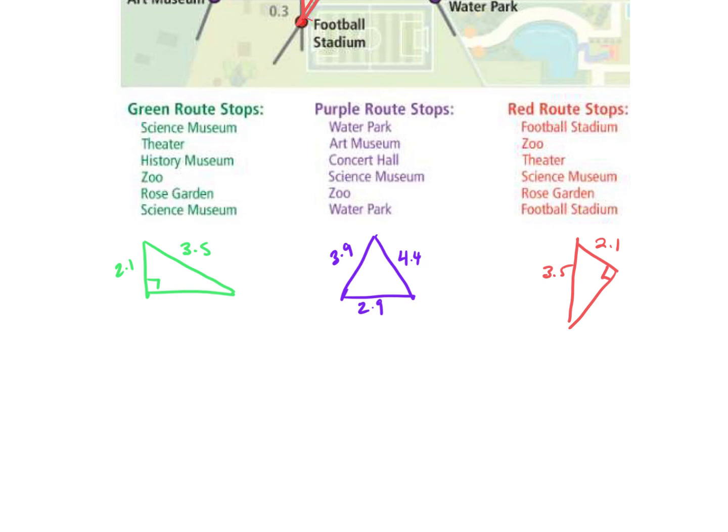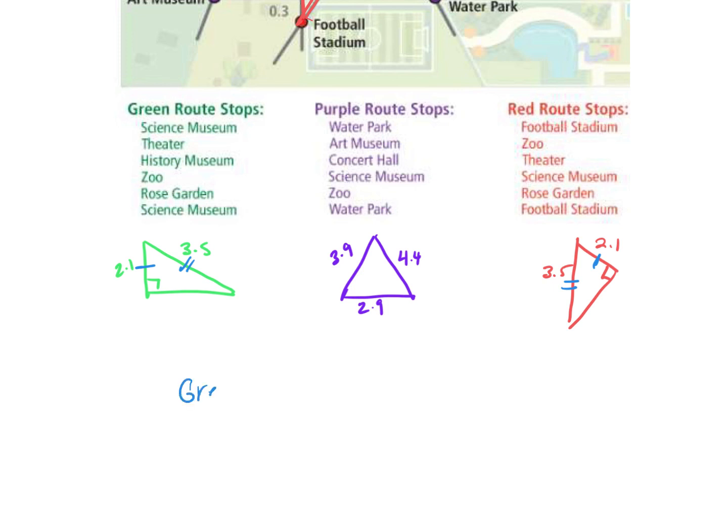Looks like we have a side length of 2.1 and a side length of 2.1, so those are congruent. Looks like our hypotenuse of 3.5 is congruent to this hypotenuse of 3.5, and we have a right angle in both triangles. So when you have right triangles with a congruent hypotenuse and leg, then you have congruent triangles.